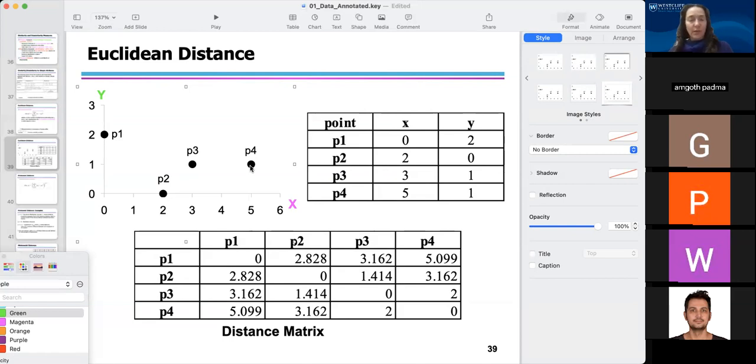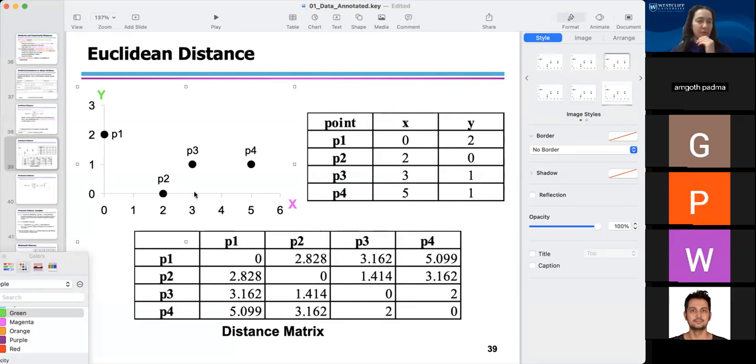So the objects that are similar to each other are going to be close to each other. For example, point 2 and point 3 are similar to each other because point 2 x is 2, point 3 x is 3. So they only have 1 unit difference between the value of x.